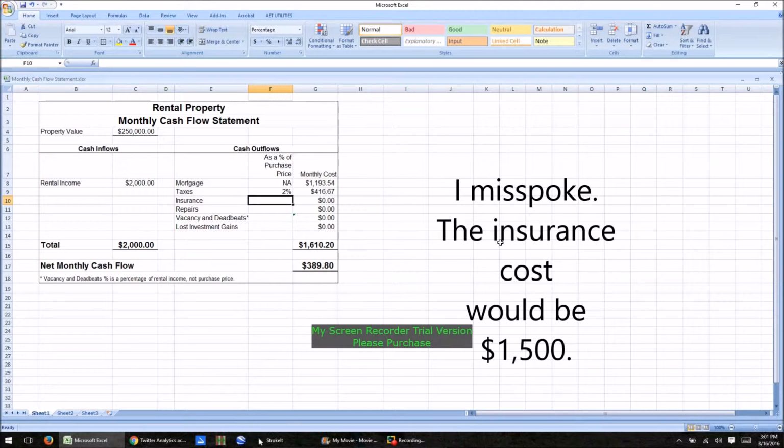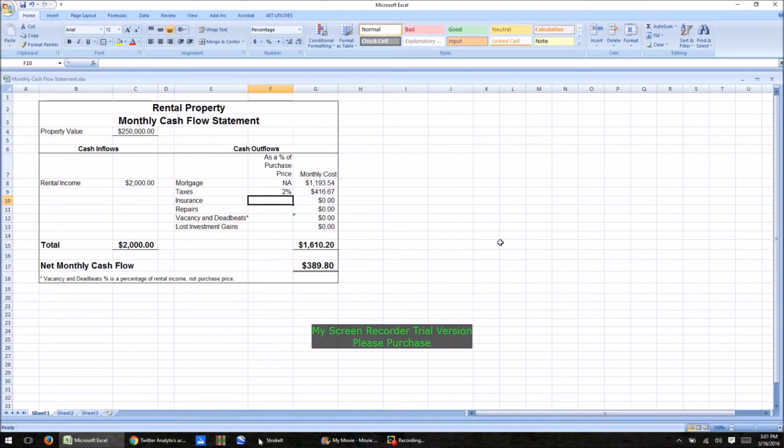And often this also is related to the property value, technically the replacement value and not the purchase value, but close enough for the purpose of this study. I'm going to say that the insurance cost is 1% of the property value. That comes out to $208 a month.